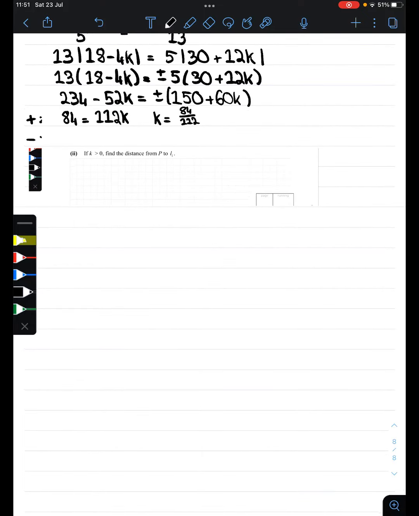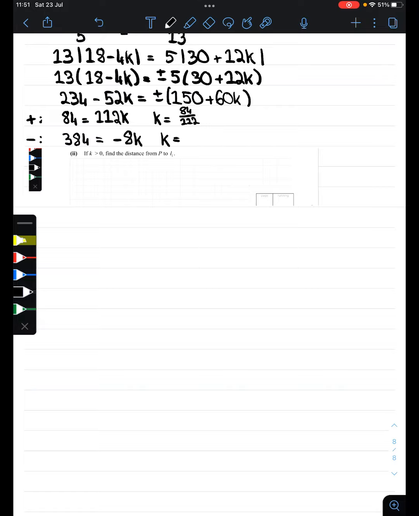And if it's a minus, we get 234, bring the minus 150 over, so we'll get 384 equals, and then bring the 52k over to the minus 60k, and we'll get minus 8k.